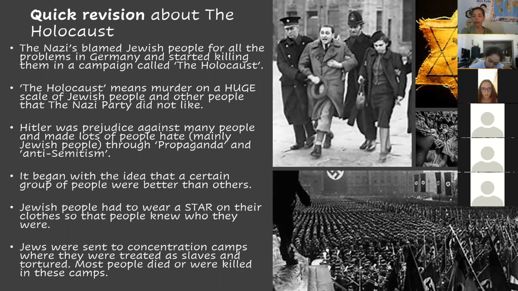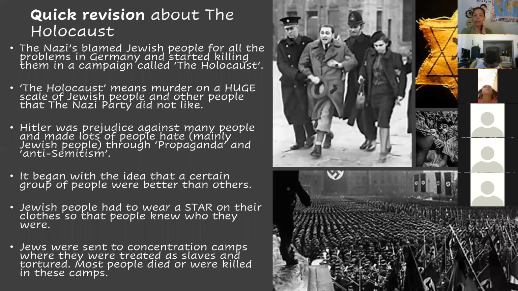So if you were someone that the Nazi Party did not like, you would be targeted and you would be part of that Holocaust. Hitler was prejudiced against many people and made lots of people hate, mainly Jewish people, through propaganda and anti-Semitism.